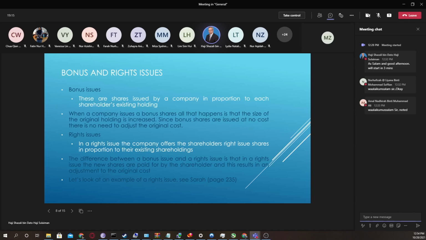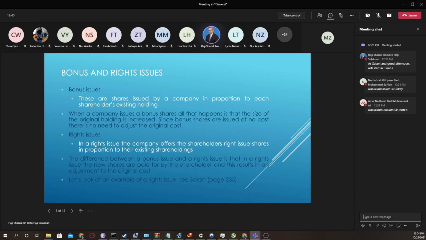As a shareholder, you will be given first right to purchase. If you decide not to take it up, then you have chosen not to exercise your rights, and someone else can buy the 500 shares. What will happen is, if you do not take up your rights issue, your percentage shareholding will reduce. Instead of, say, 1,000 over 10 million, you only hold 1,000 over 15 million, for example.